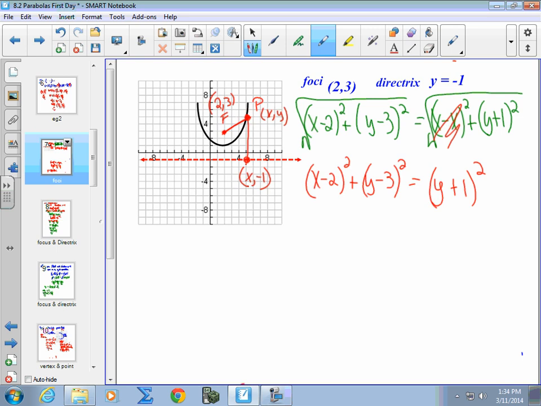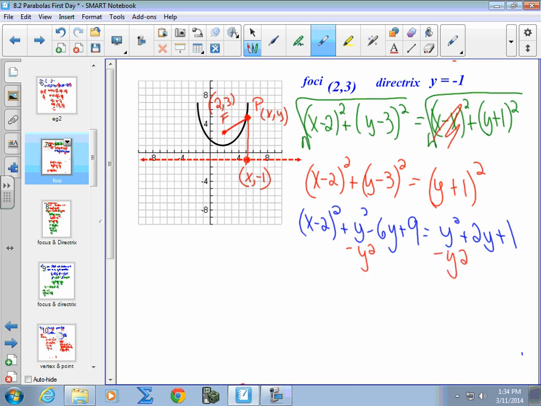Once again, you want to FOIL the two that are alike and leave the one that's a single by itself. So if we FOIL this, we get x minus 2 squared plus y squared minus 6y plus 9 is equal to y squared plus 2y plus 1. If you subtract y squared from both sides, we don't have any y squared.